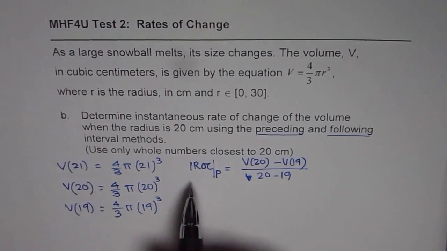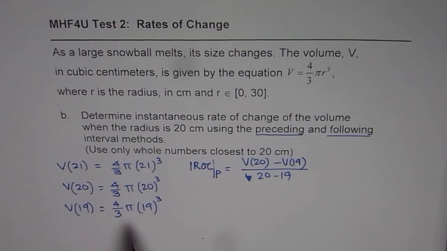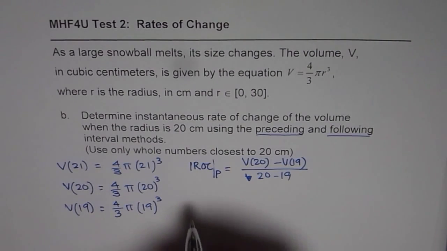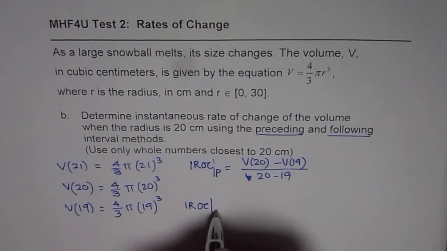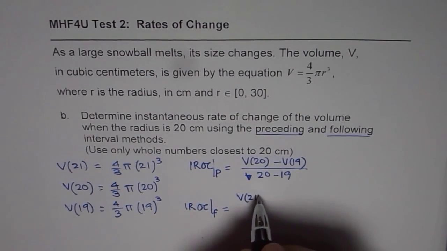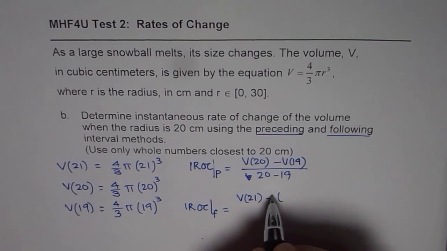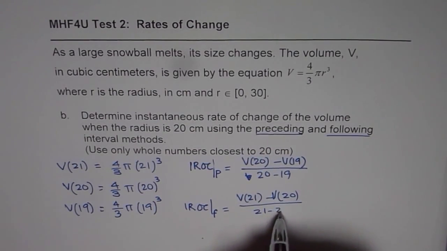That will give you the instantaneous rate of change preceding, just before 20 centimeters. Similarly, you can also calculate the instantaneous rate of change for following, which I will call F. That is after 20. So volume when the radius is 21 minus volume when the radius is 20, divided by 21 minus 20.